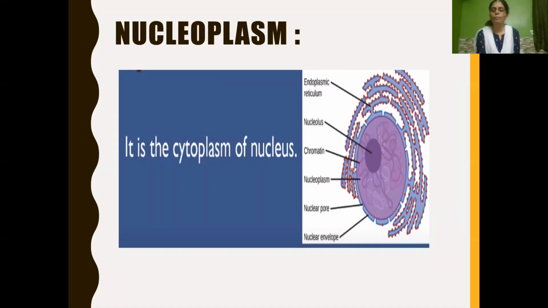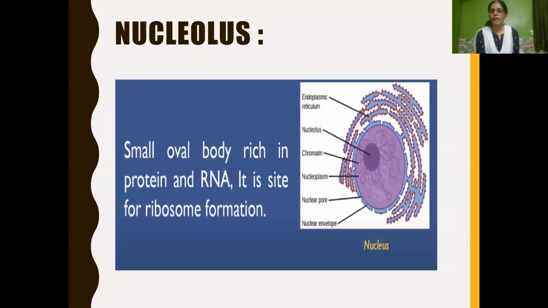So what is the cytoplasm of the nucleus? It is nucleoplasm. And then we have seen the nucleolus. What is the nucleolus? A small oval or spherical shaped body seen inside the nucleus is called the nucleolus, and it is rich in protein and RNA. RNA is nothing but ribonucleic acid, and the nucleolus is the place for ribosome formation.